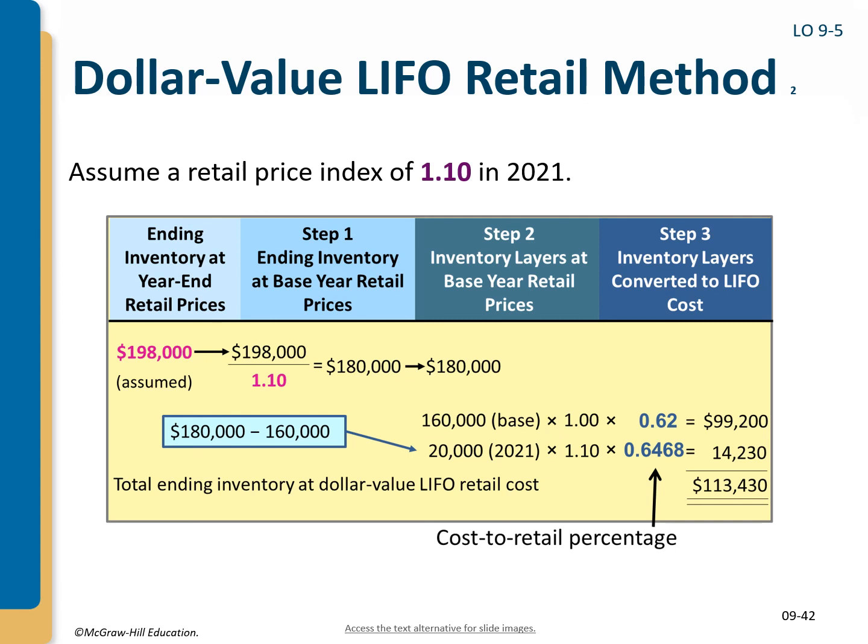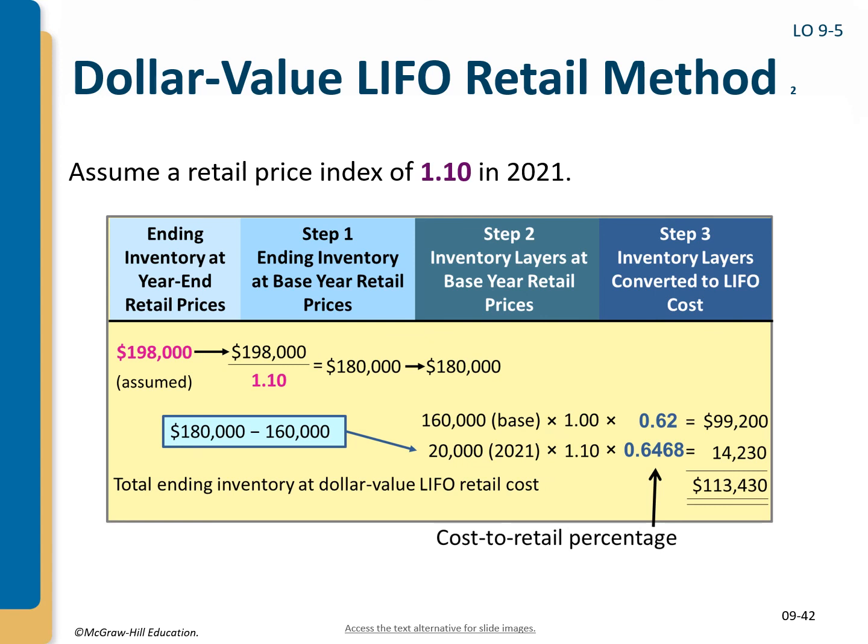Okay. So the first thing we're going to do is say, okay, we need to know a retail price index. During the year, prices increased 10%. So step one, let's convert that 198,000 ending inventory at retail to base year, divided by 1.10.